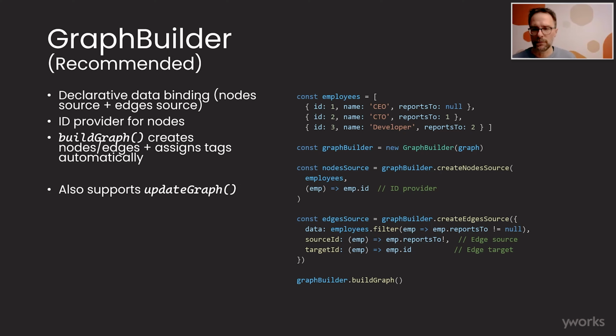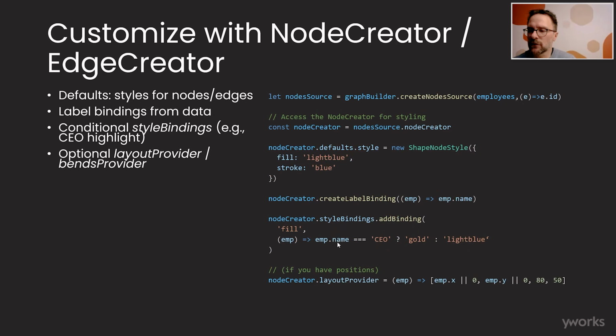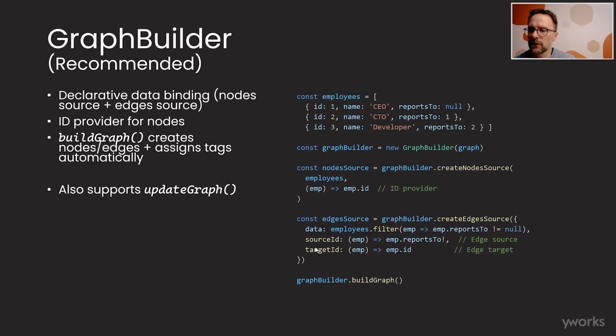So I'm passing in a lambda function over here, which gets evaluated by yFiles, and yFiles does all the ID bookkeeping for you. This is necessary because in the next step, you're also going to pass in the objects that represent edges, and then tell it where to find the source ID and the target ID.